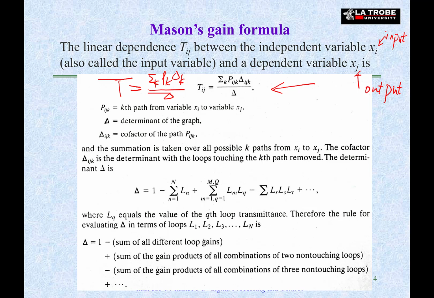And Pijk is simply Pk. Pk means the kth path gain from the input to the output.